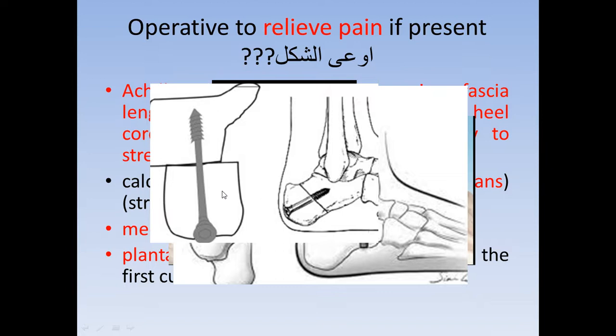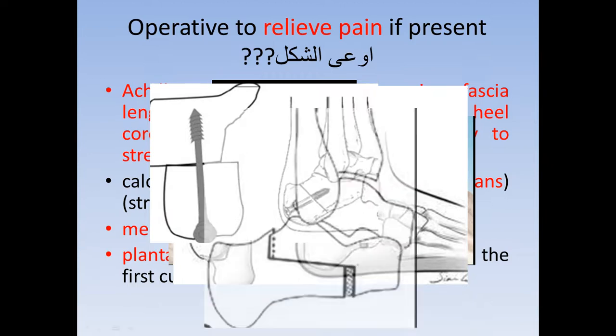Another one is to osteotomize the calcaneus and shift it medially. It is in valgus, lateralized, so you shift it medially. Both options make the Achilles tendon pull in varus instead of valgus, so they decrease the valgus pull of the Achilles tendon.